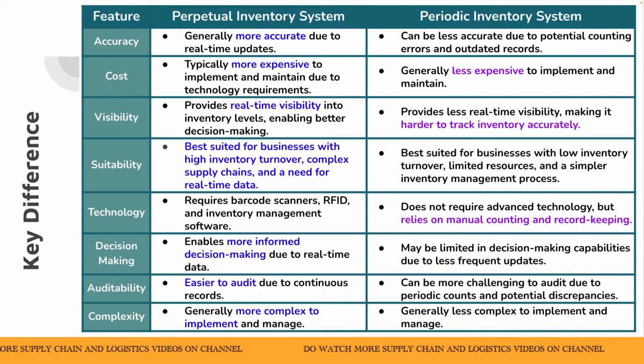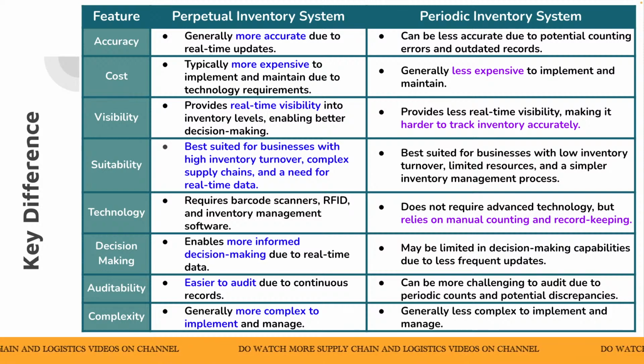So the second last thing is auditability. Because in the perpetual inventory system you have certain infrastructure, you have certain investment done in terms of keeping the records, the auditing is very easy. Because here you are recording each and every transaction, there is very little chance that you are going to make any kind of mistake here.